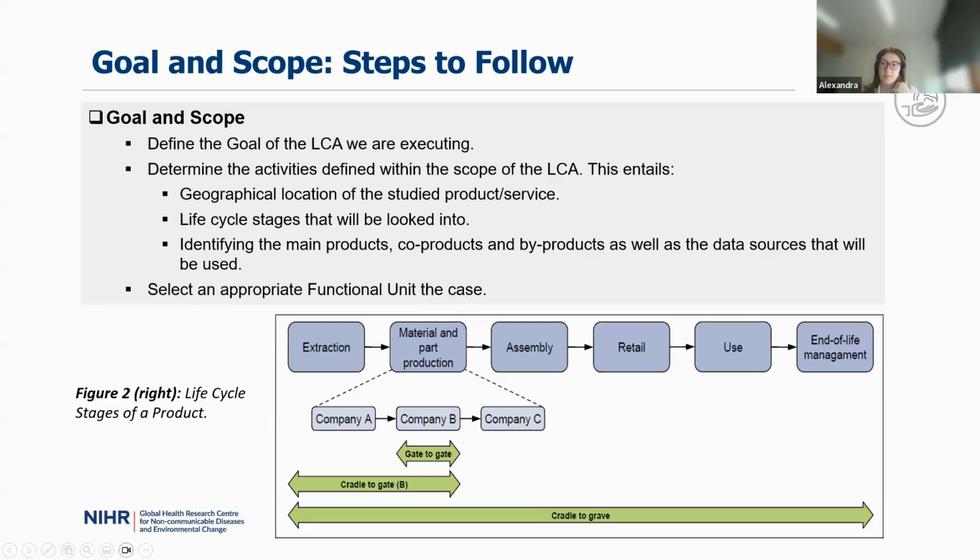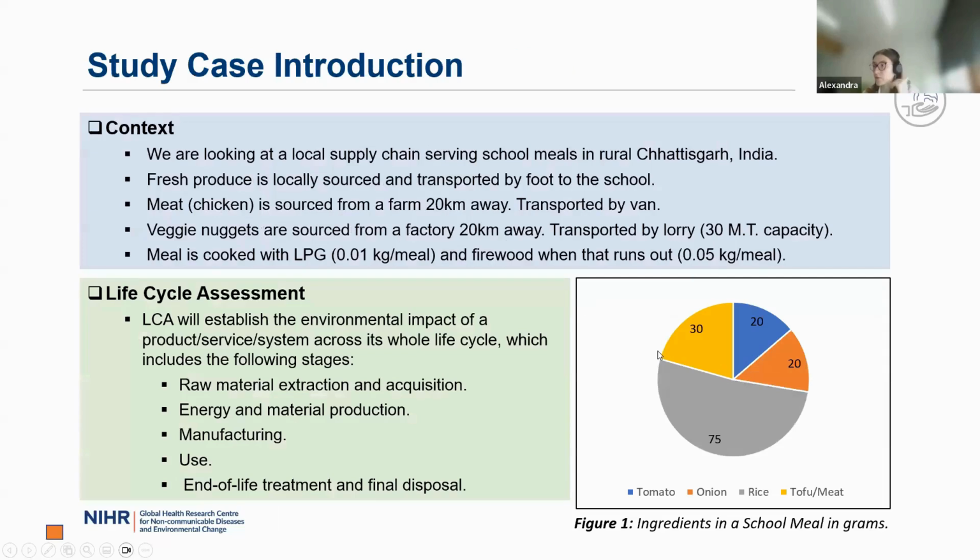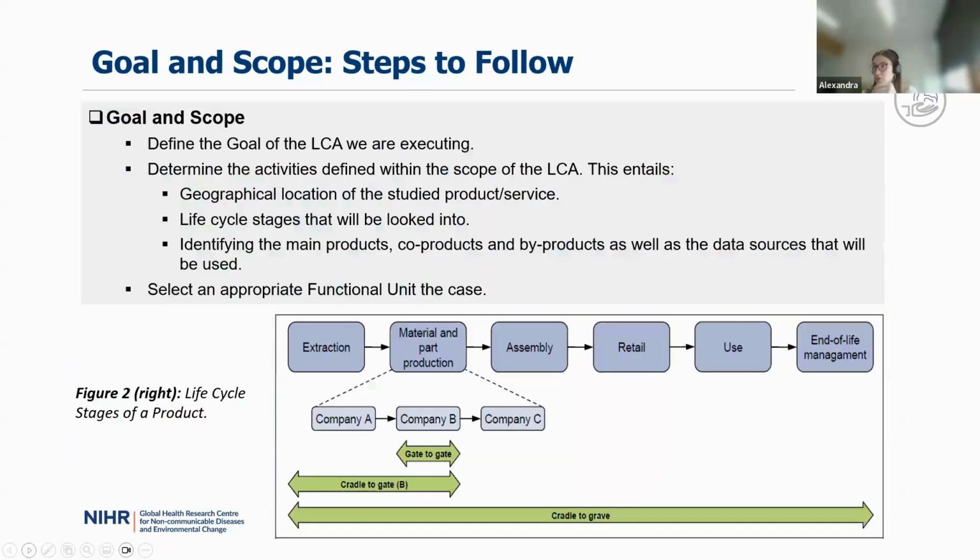Per meal, yes. And as we've seen in the previous slide, we have the information of what would make up a school meal. So that is good. We have the necessary information, and we now have a functional unit to compare these.